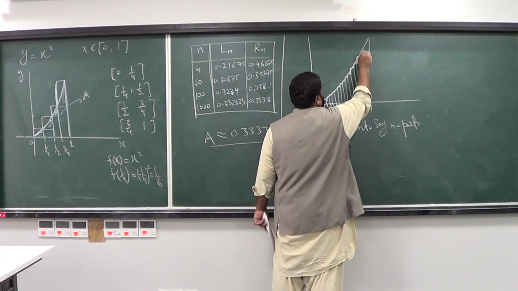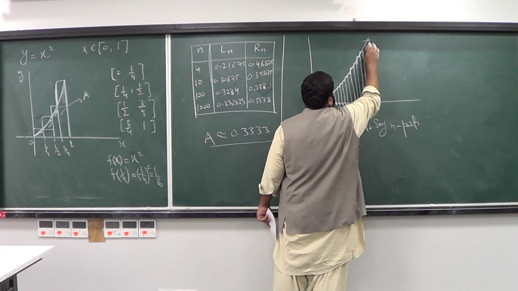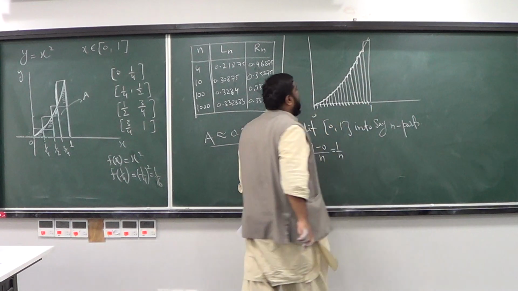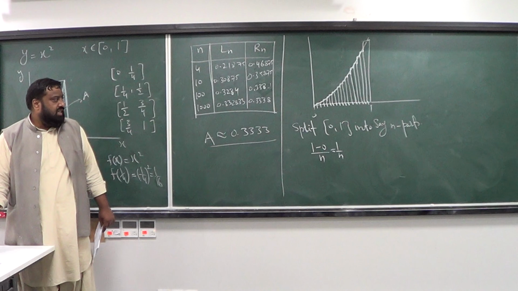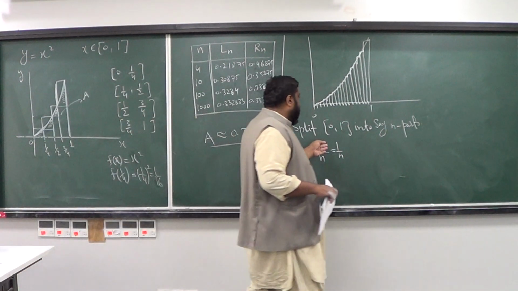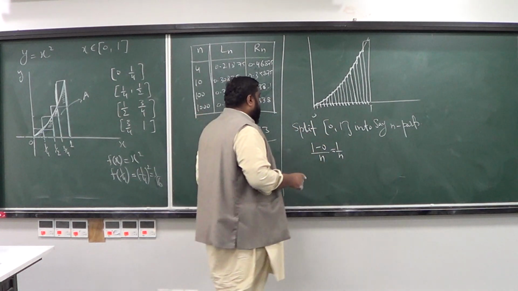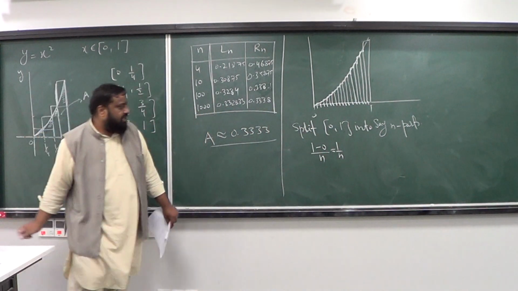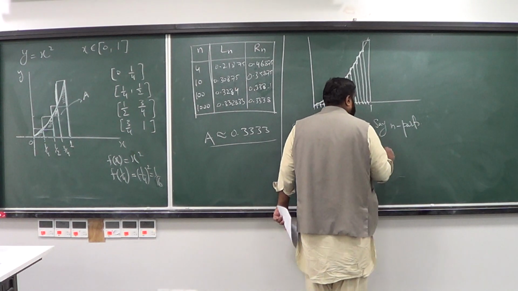I want you to swallow this basic fact, because the rest is really based on this. So I have split this 0, 1 interval into n parts, while 1 over n is the size of each part.